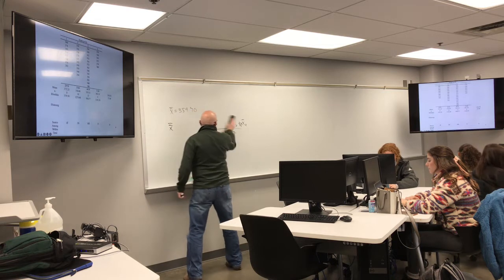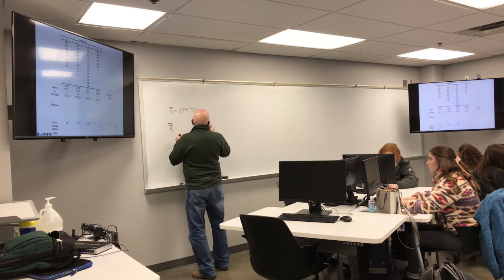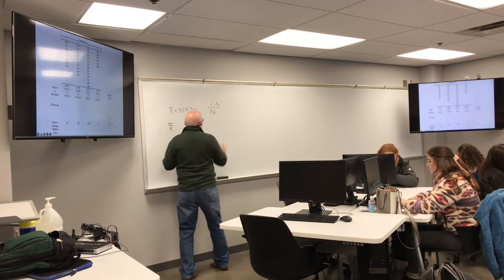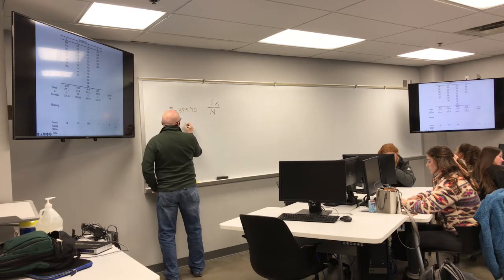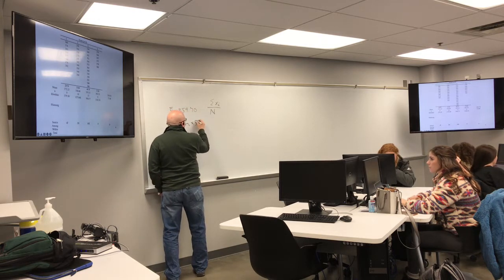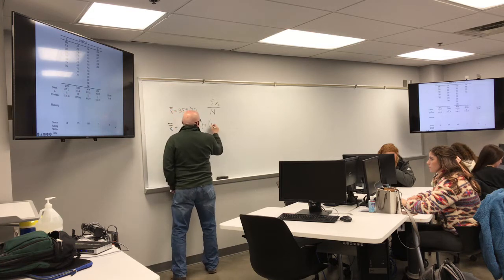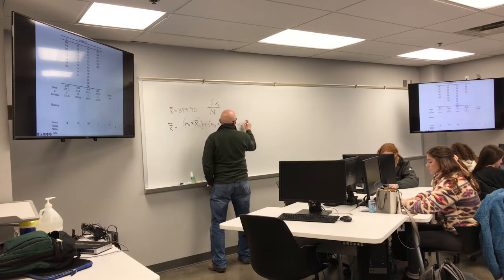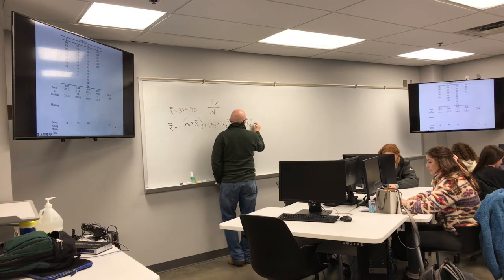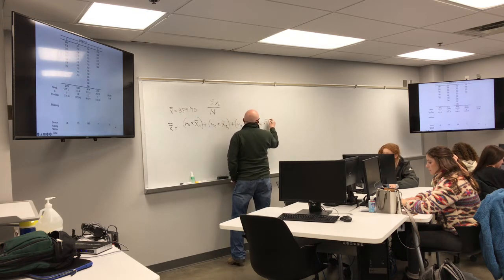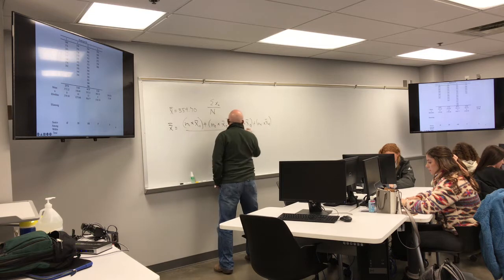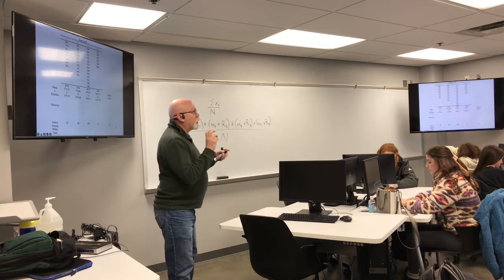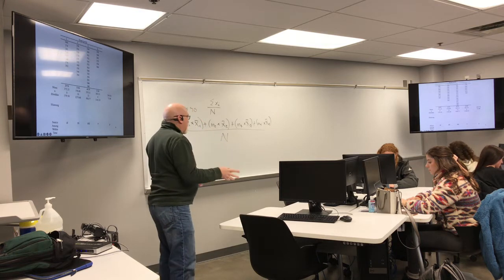So the grand mean is either the sum of all the individual x values divided by the total sample size, or it can be the sample size of sample 1 times the mean of sample 1 plus the sample size of 2 times the mean of sample 2 plus the sample size of 3 times the mean of 3 plus the sample size of 4 times the mean of 4. All of that divided by, once again, the total sample size. Either way works, but if you're going to operate off the means, you need to be sure and weight it by the sample size.